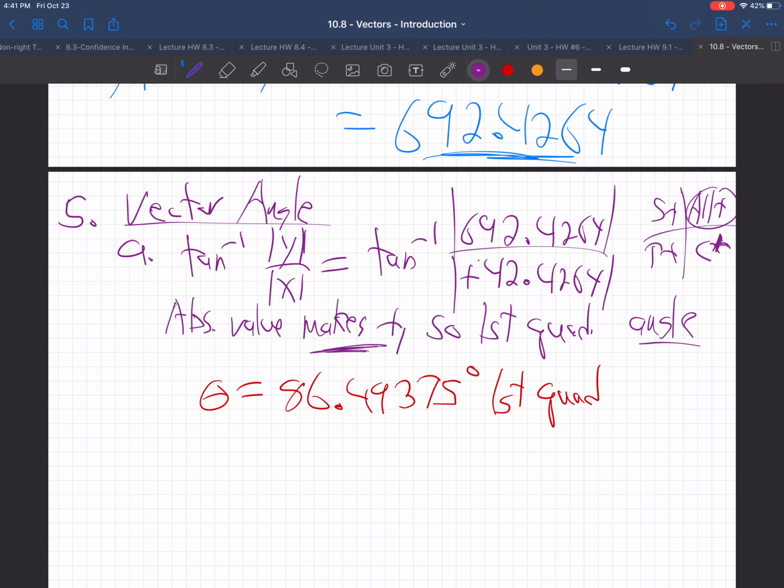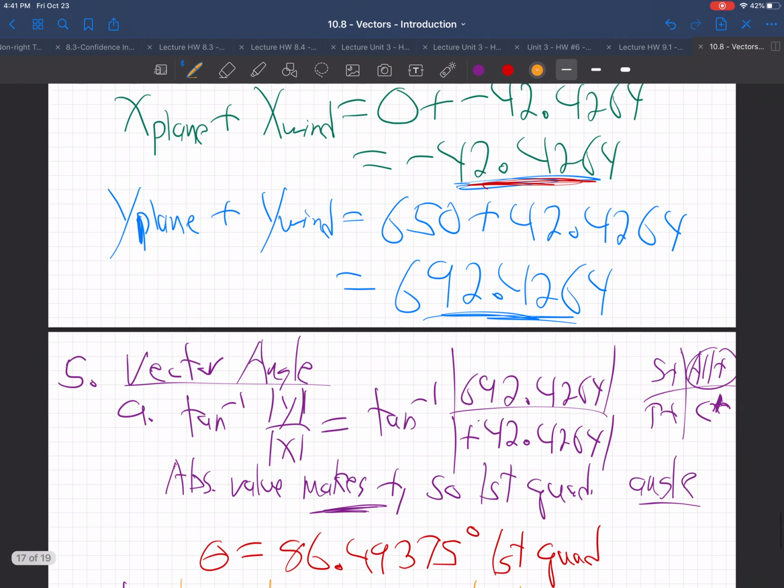And then you've got another important step here. Step B, change to the correct quadrant.